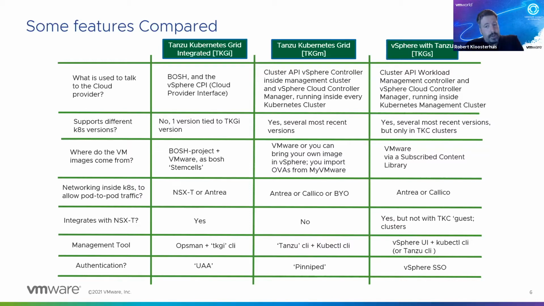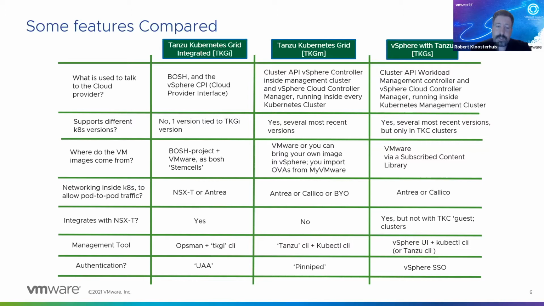The oldest version of TKG, TKGi, uses a technology called BOSH to lifecycle and manage the VMs and the Kubernetes installation that lives on those VMs. The two newer versions of TKG, TKGm and TKGs, use something called Cluster API, which I'll talk about a bit more in a second.